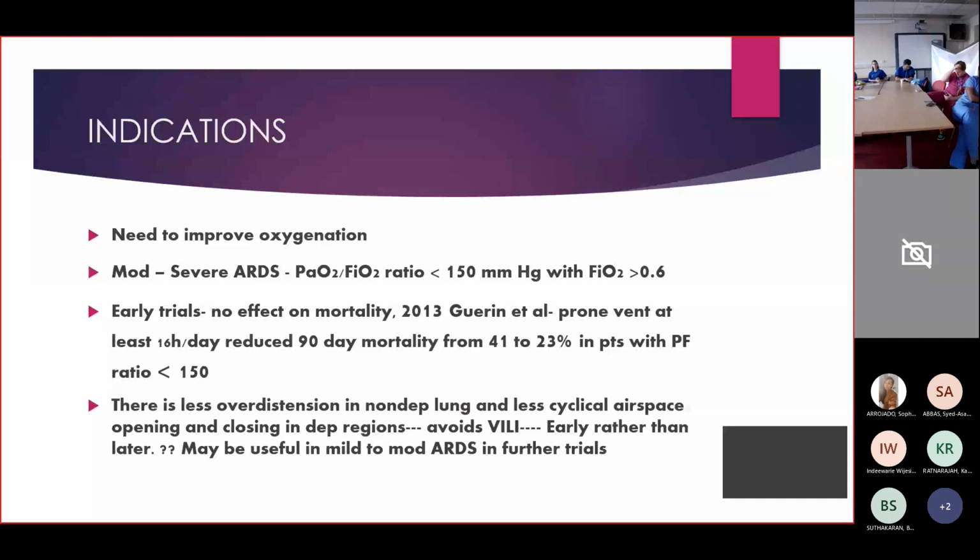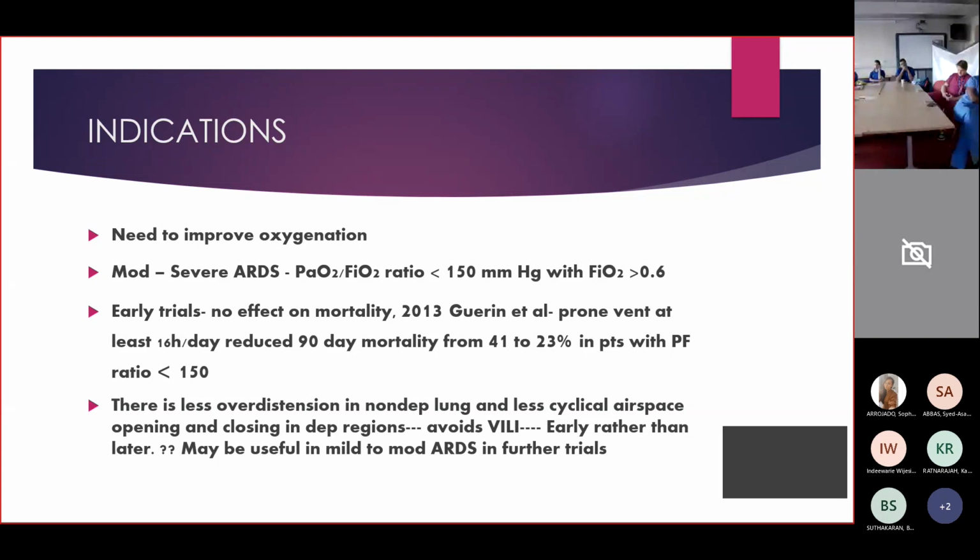It is also now being advocated that as more studies are being done, more studies should be done in moderate ARDS as well, and early rather than late proning is recommended. It may be useful in mild to moderate ARDS as well, because there is less overdistension of the non-dependent lung and less cyclical airspace opening and closing, which prevents ventilator-induced lung injury.